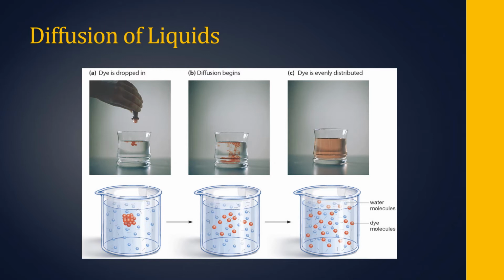So look at the different beakers, from beaker A down to beaker C. The dye is evenly distributed. Why? Because the molecules of dye are now mixed with the molecules of water.